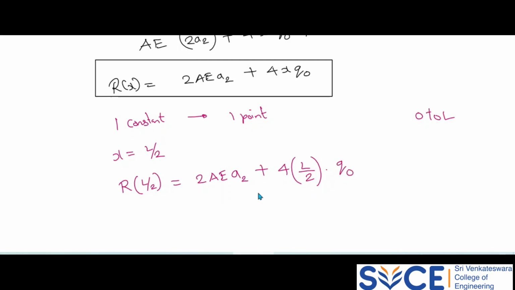Now we say that this is equal to 0. So the point collocation method is that we substitute R of x is equal to 0 at a chosen point.